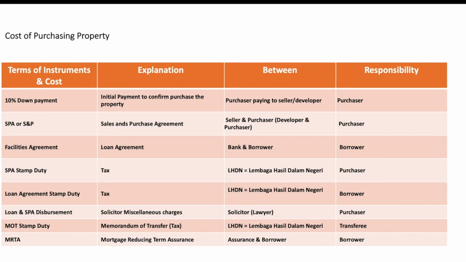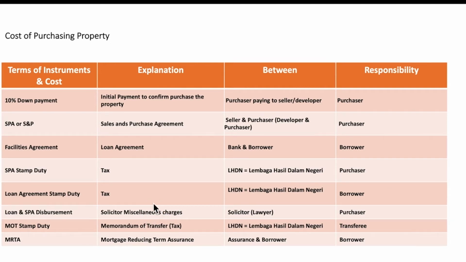When the owner wants to sell to the next buyer, the lawyer will do a land search. They will check, why is there a caveat on this property? Then they will check what is the caveat's purpose. The purpose is, say, in the midst of transferring the property. So when they have transferred, they will release the caveat. So for that caveat you also need to pay like 700 plus to put in the charge and also discharge.